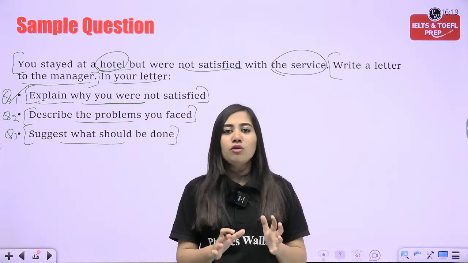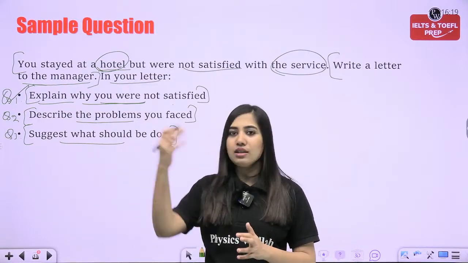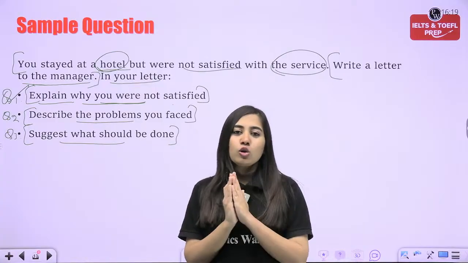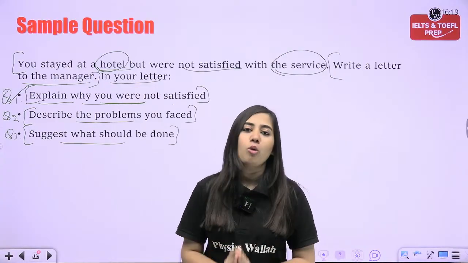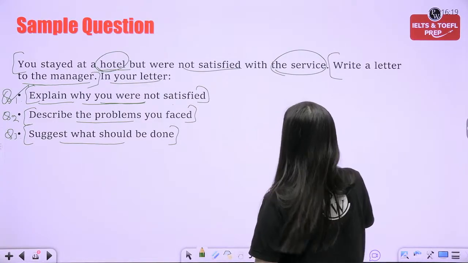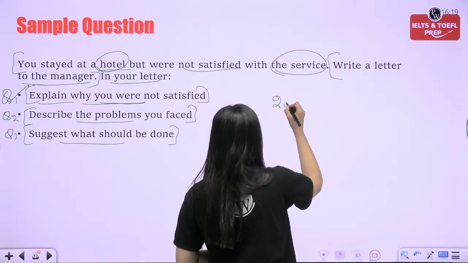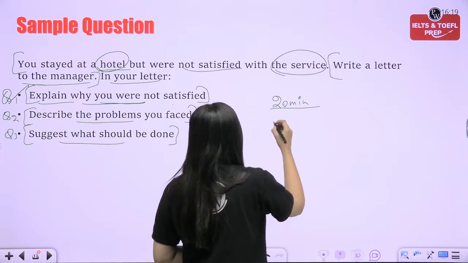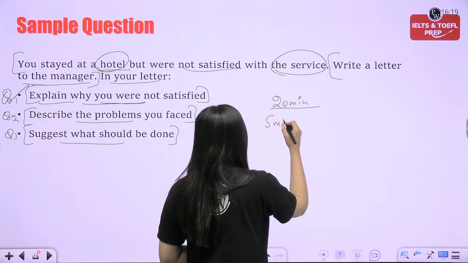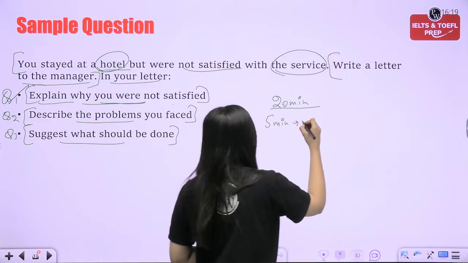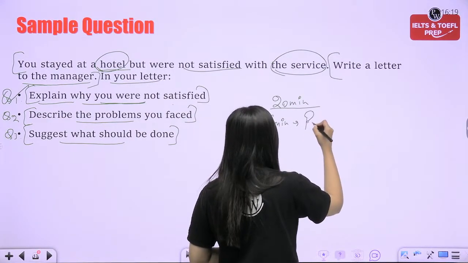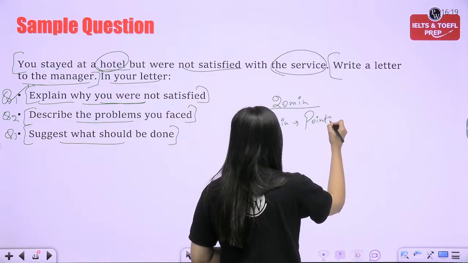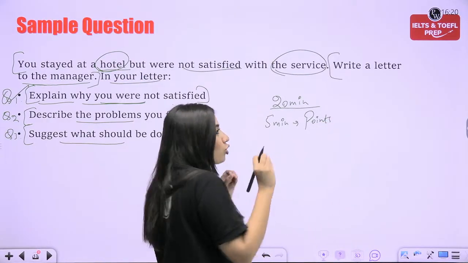So instead of just writing directly after seeing the question, spend your crucial 5 minutes in order to make your points. I am writing over here the bifurcation, how it should go. So yes, you are going to spend about 5 minutes generating your ideas. When I say generating, I only mean with points. Generate your points in the shortest form possible.